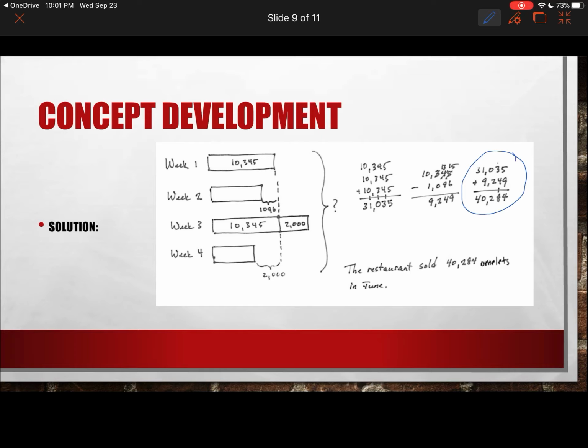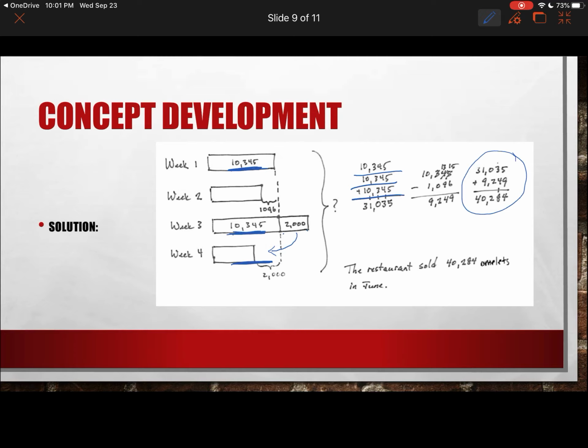Now, just in case you're confused as to why they have this, this, and this added together, you can see here that in week 3 they had 2,000 plus, and in week 4 they had minus 2,000. All they did was they moved this 2,000 to replace what was missing down here, and that gave us our 3 totals of 10,345 for week 1, week 3, and week 4 when we move this 2,000 down from week 3 to week 4.